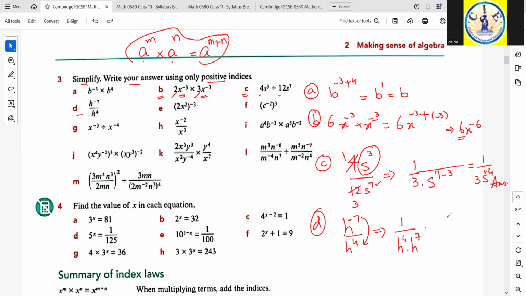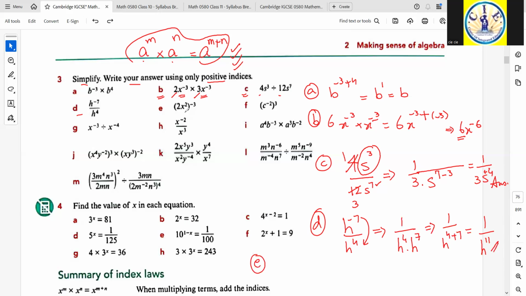Then these would be solved using this rule, h raised to the power 4 plus 7, but in the denominator. So 1 divided by h raised to the power 11. So variable h is having positive index, and that's it.